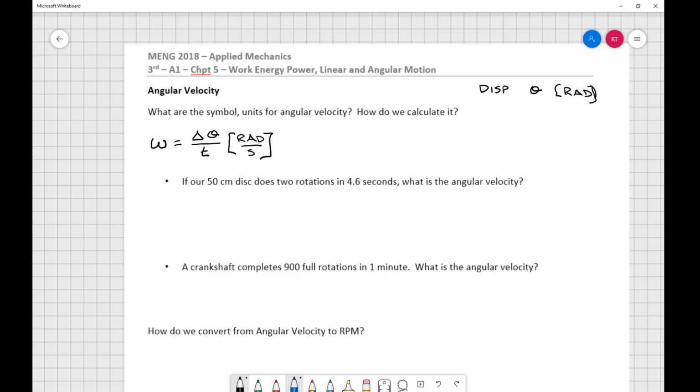And just like when we talked about linear velocities, we also had a couple of equations to go along with that.